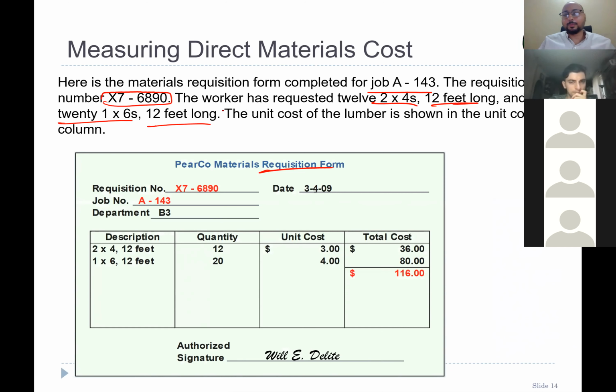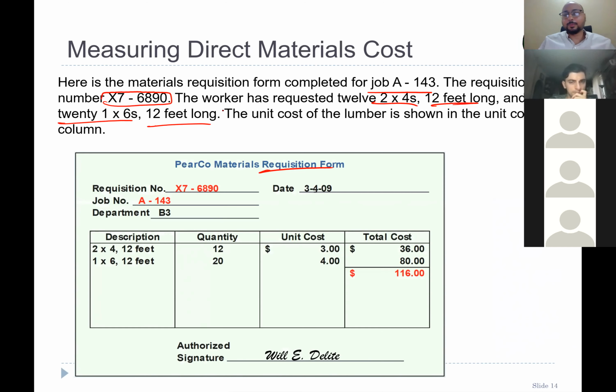For a specific discrete making job, which you allocated a number A143, this worker spent 8 hours. 8 hours multiplied by the 11 hourly rate, answer is 88, right? Supervisor signed it, and that goes to the direct labor form over there, right?